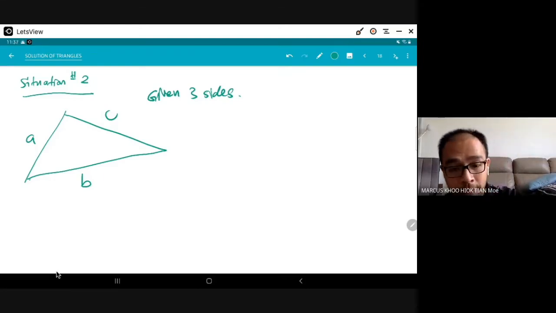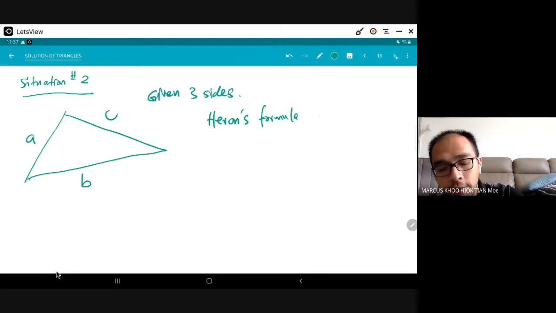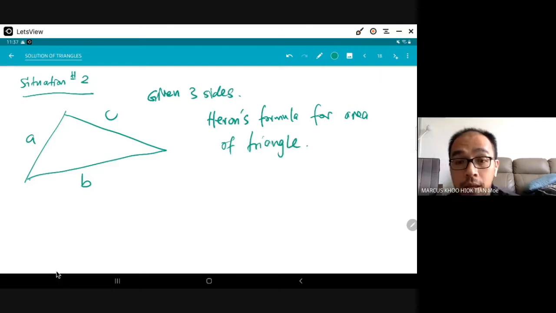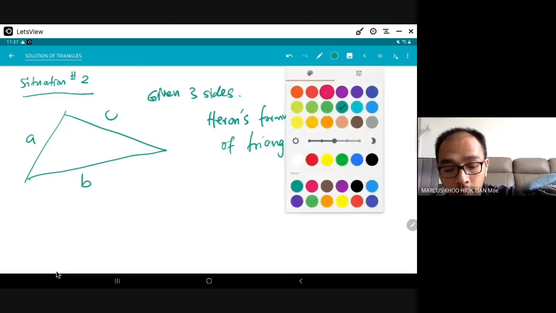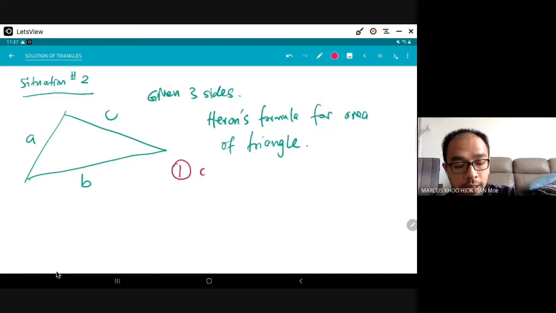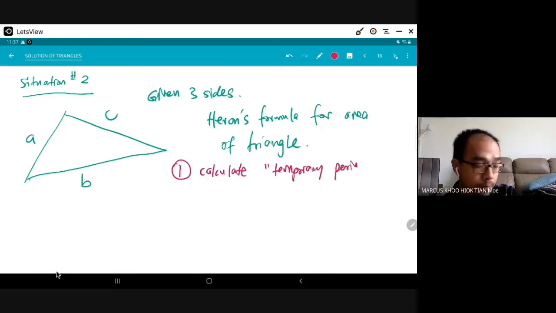And this shortcut method is known as Heron's Formula, for area of triangle. So listen carefully. This is how Heron's Formula works. Step number 1, calculate the semi-perimeter.